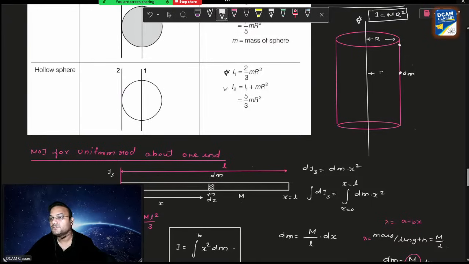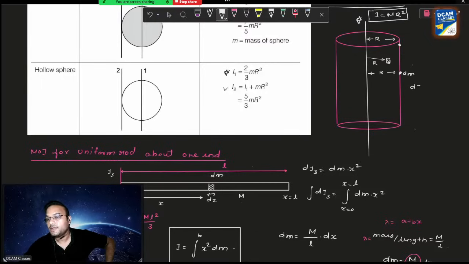This dm is also at a distance r. Any mass you take on the surface, every mass will be at a distance r only. Try to visualize the cylinder first. Any mass dm that you take will be at a distance of r only from the central axis.